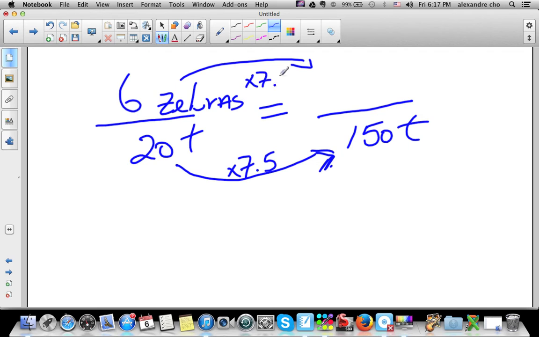Times 7.5. So if our new pride is 150 lions, 45 of them would like zebras. Alright, I'll just pause this for a second.